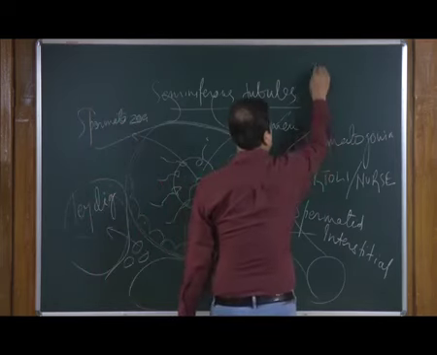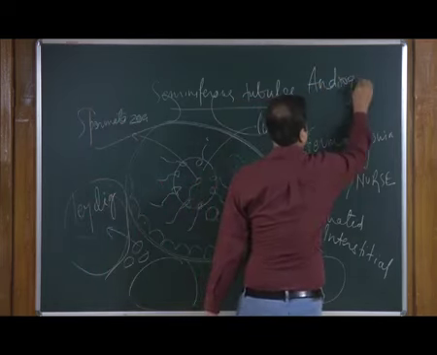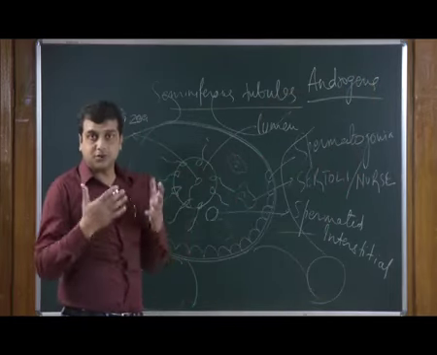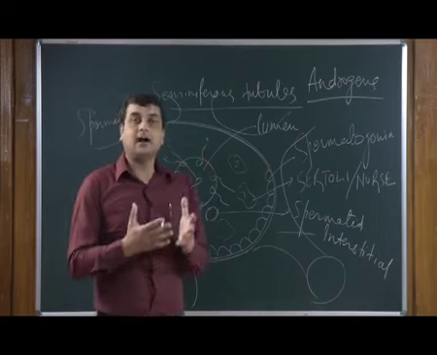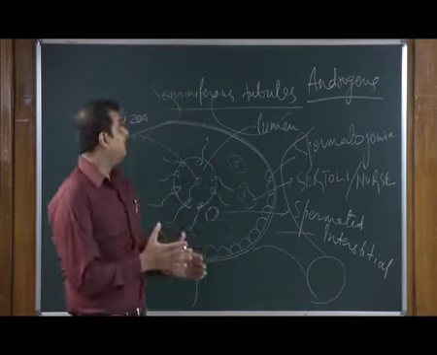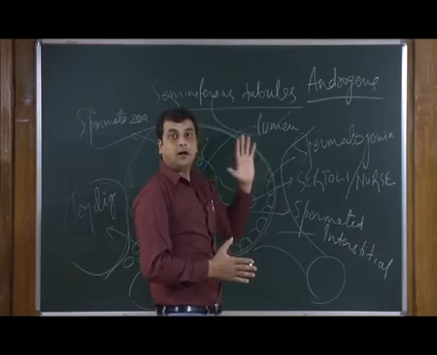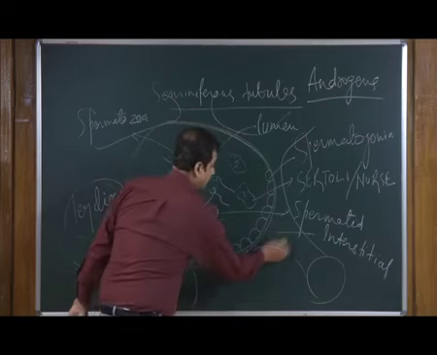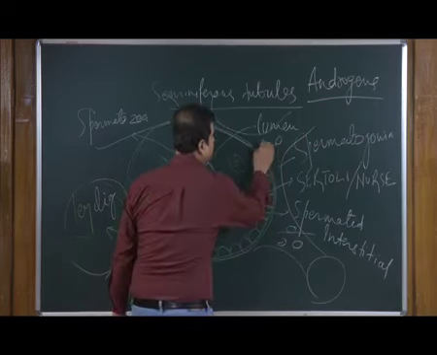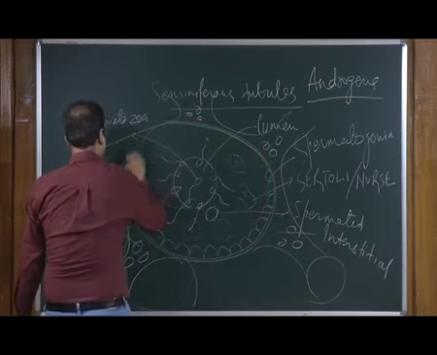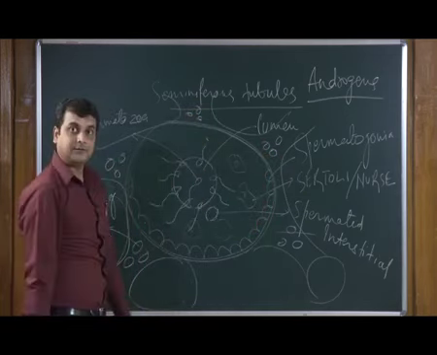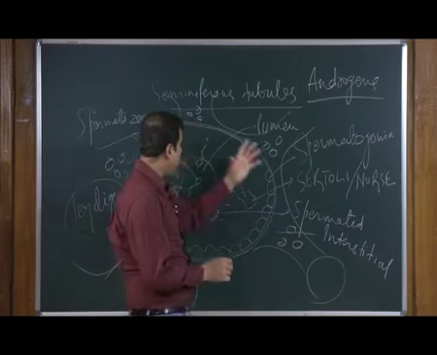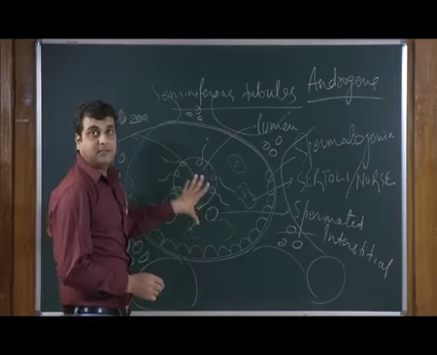Androgens are the hormones involved in the maturation of the male reproductive system, the hormones which define the male characteristic features of a human being. So, androgens are secreted by these interstitial cells, situated in the interstitial space, otherwise called Leydig cells. So, this is the cellular organization of the seminiferous tubules.